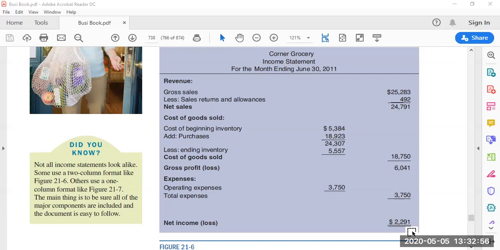Once again, if this was a loss, then this figure would be displayed in parentheses. That is the standard way we show negative numbers. You can put a negative sign in front of it, but the general standard is to put it in parentheses. Okay, that is how we form our income statement.